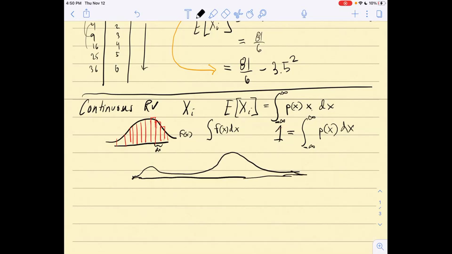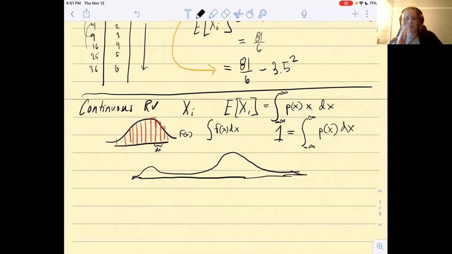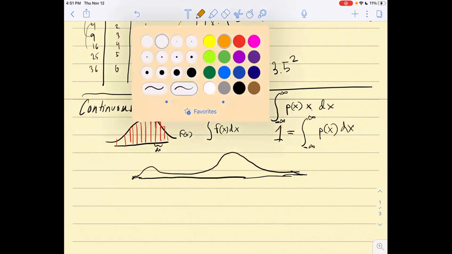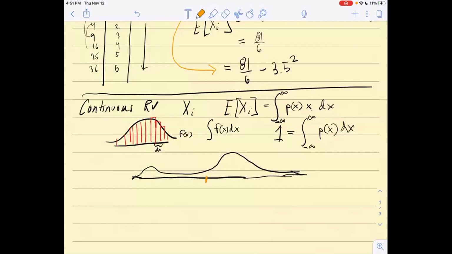If this represented a piece of wood, and you're looking at it from the side, where do you think the balancing point for the wood would be along the x-axis? I would think it would be somewhere just a little to the left of the top of the big hump. Exactly, somewhere right here.